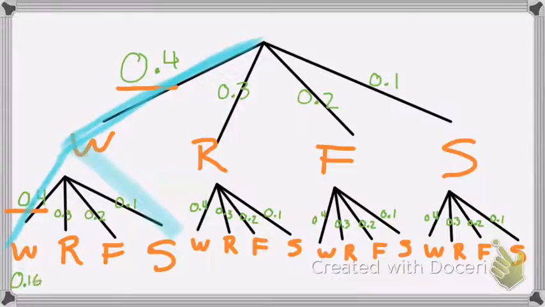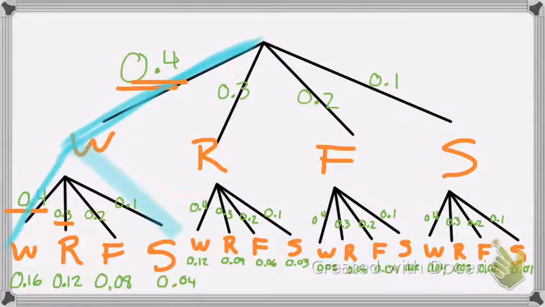For the next branch, I would start with my 0.4, and then multiply it by my 0.3, so that's going to give me a probability of 0.12. And I would just continue multiplying down the tree for each of my probabilities to find the probability of each of these combinations of days occurring.